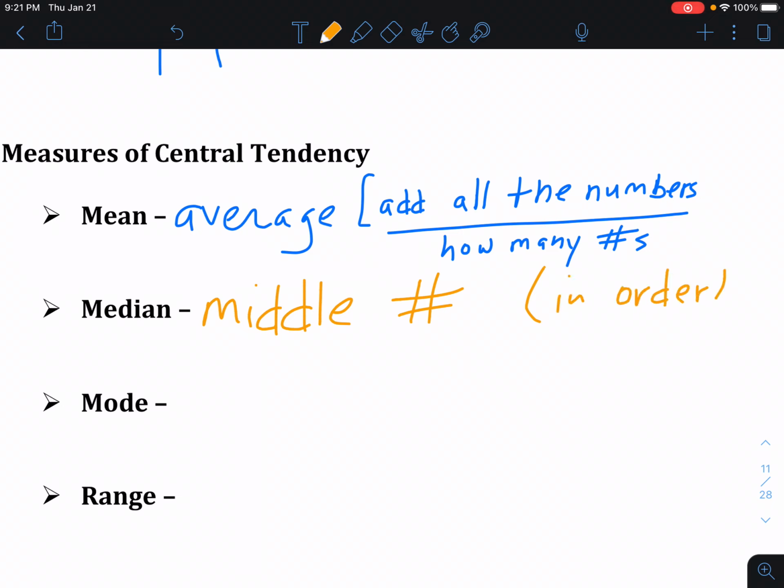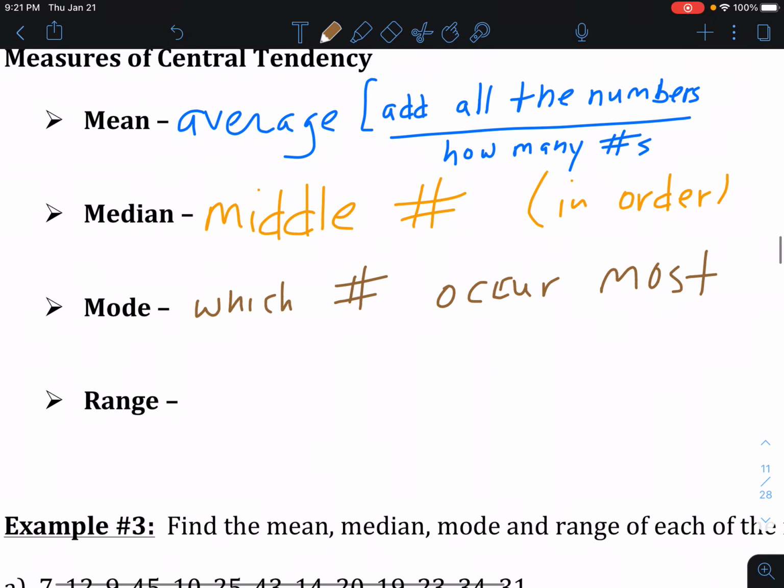The mode is which number or numbers occur most. If none of them repeat, then you can possibly have no mode, or you can have more than one mode.